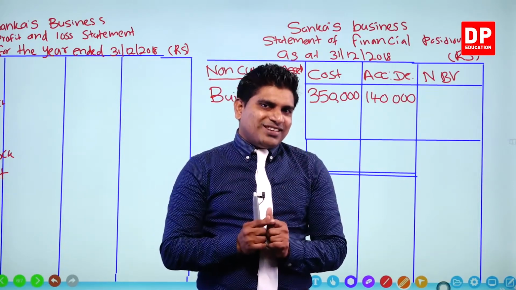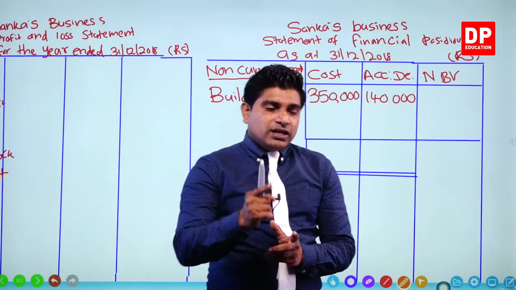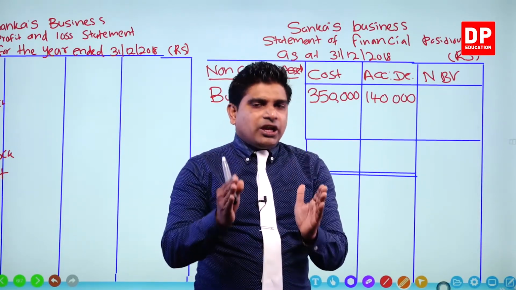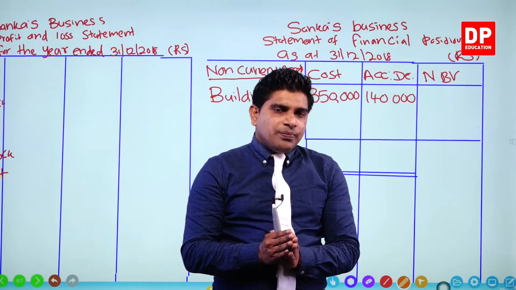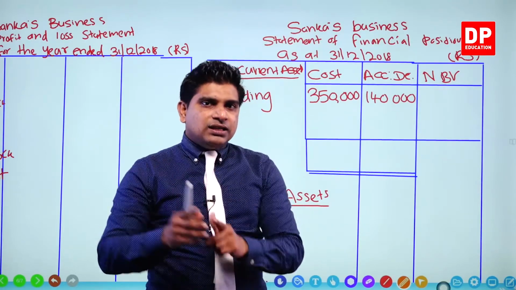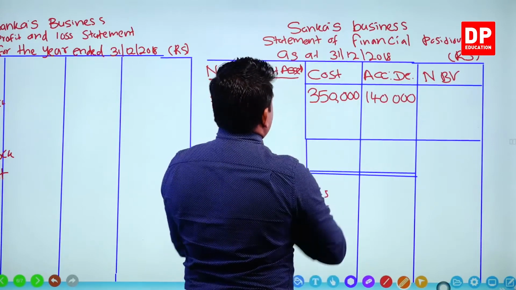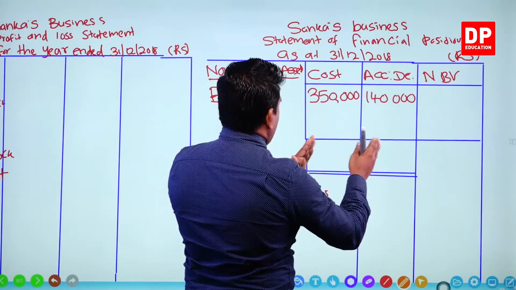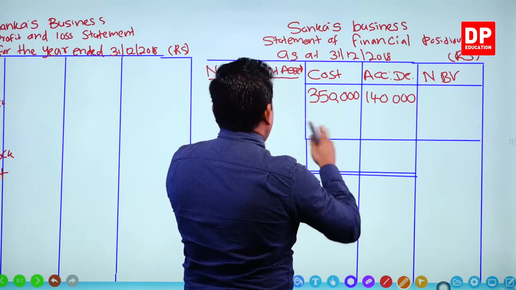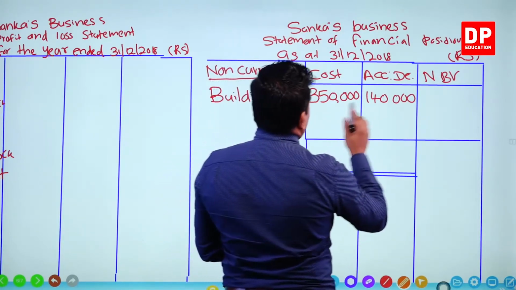When they give the provision for depreciation, you must remember, you write it in the middle column under the non-current assets. Provision for depreciation, every time you must write in the accumulated depreciation column. You can learn further in the other chapter, right? Then what you do? Cost 350,000; accumulated depreciation means how much of the value of the assets we have used out of 350,000. So you subtract it, 350 minus 140.